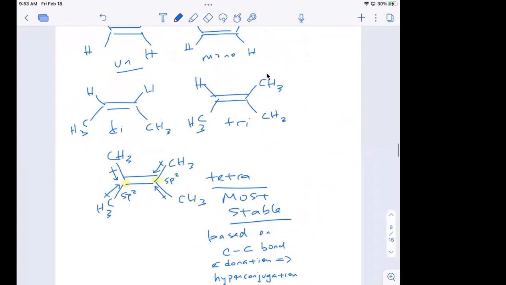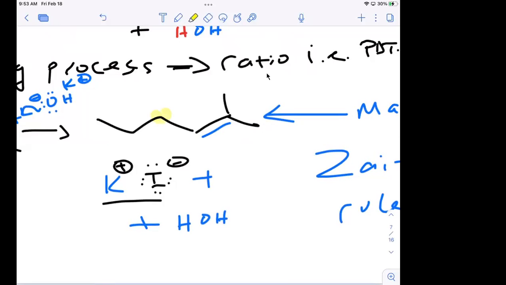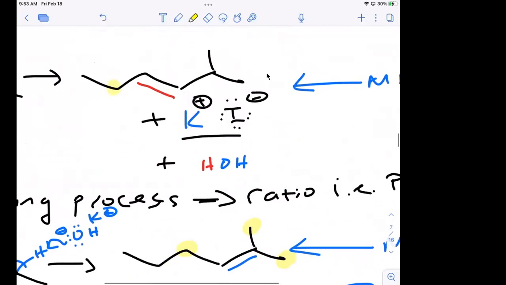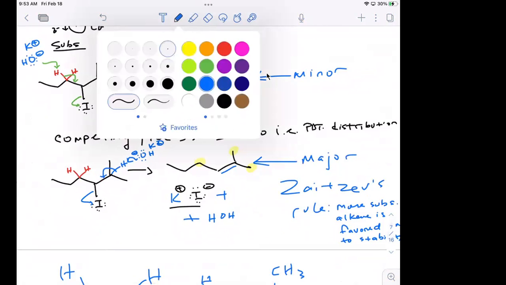So when we go back up to here, we can see that this is a trisubstituted double bond. It's got 3 carbons attached to it. This is disubstituted. It's got 2 carbons attached to it. And so the trisubstituted alkene is going to be more stable, right? So that's going to be your major product.